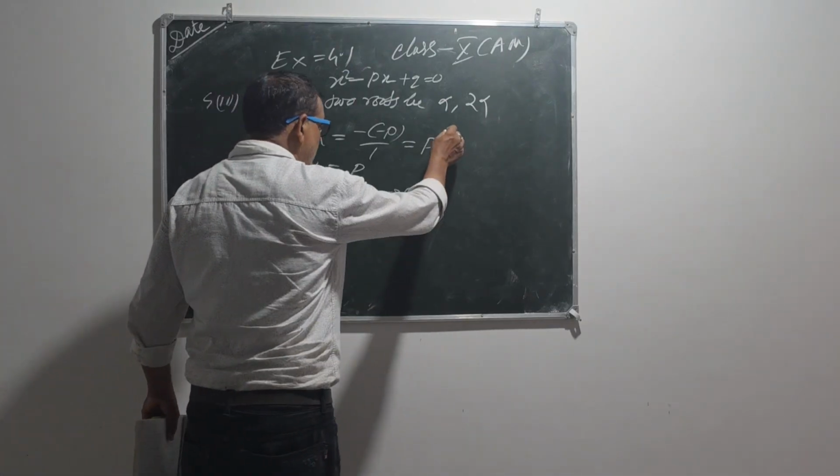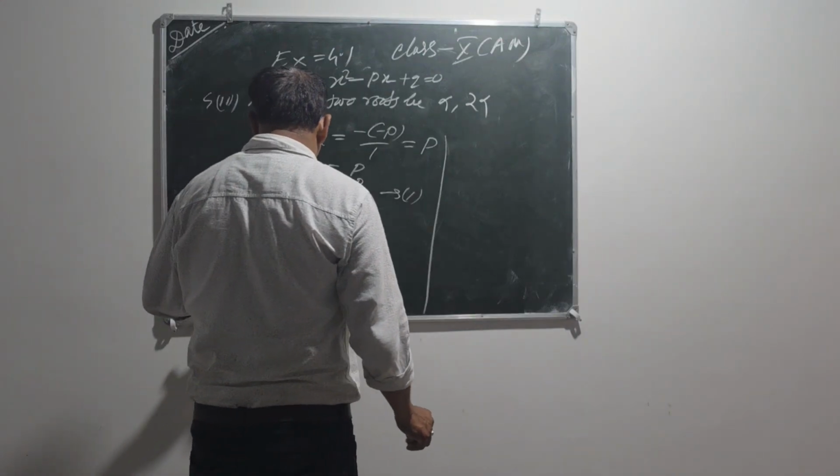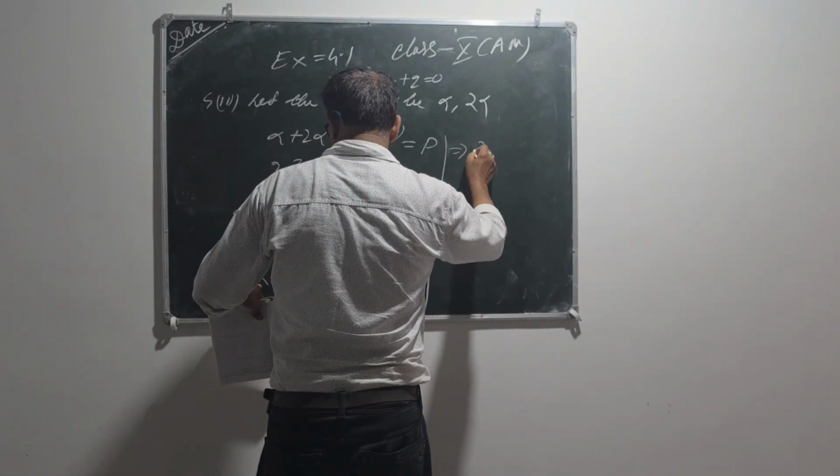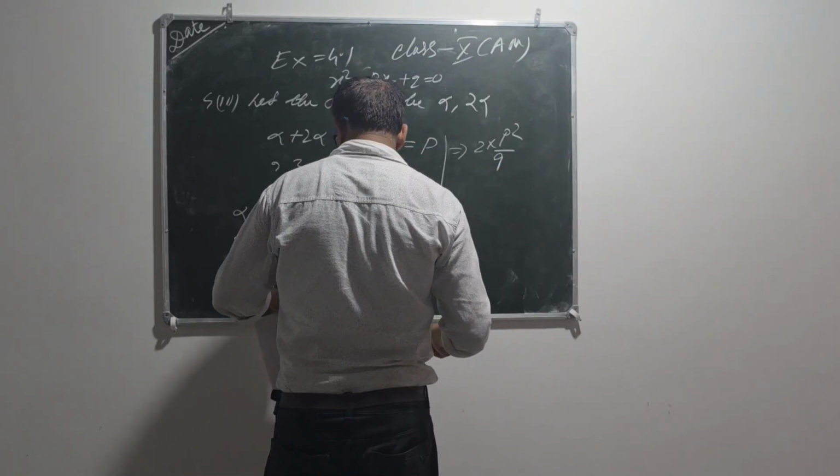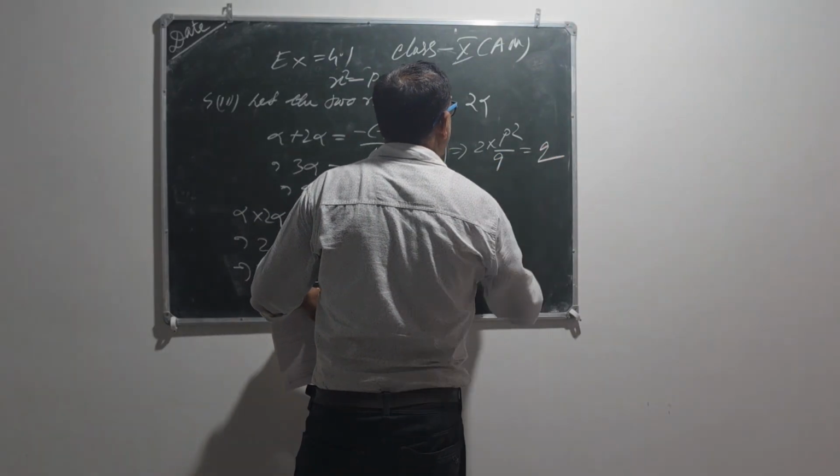Then for the further simplification we can write 2 into p square divided by 9 equal to q.